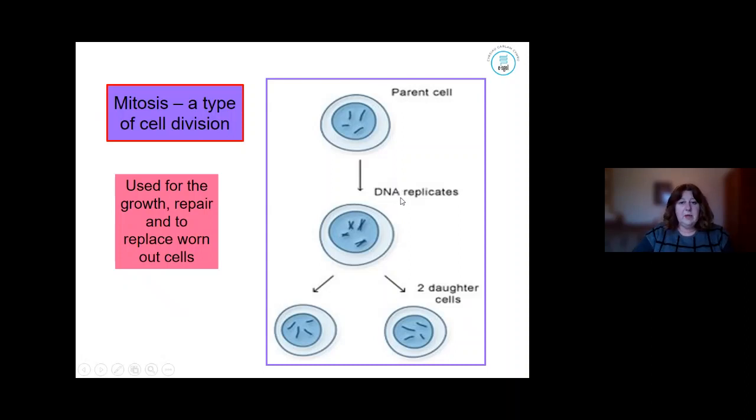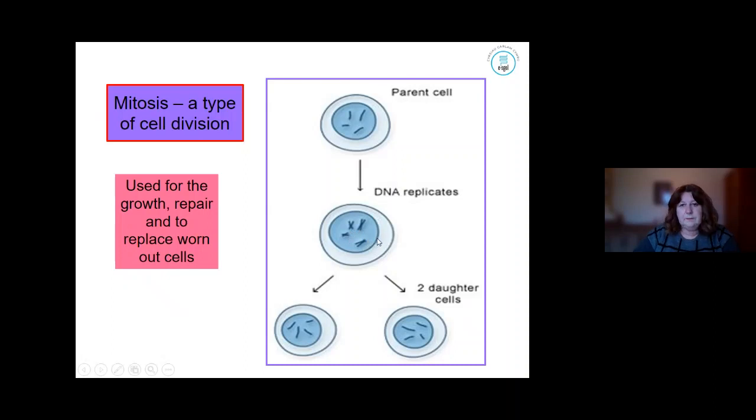So before mitosis occurs, DNA is going to replicate, and you'll now see these little funny shaped chromosomes, just like we've seen before, as each one has now made a copy of itself. We've now got double the amount of DNA in each of these chromosomes, but there are still four chromosomes at this stage. They're held together by a little part called a centromere.